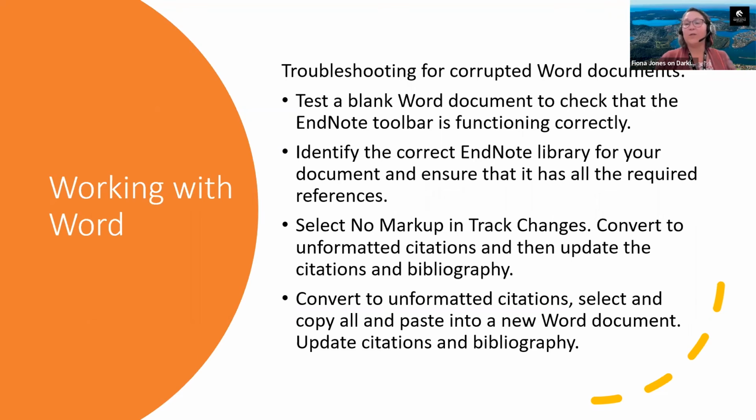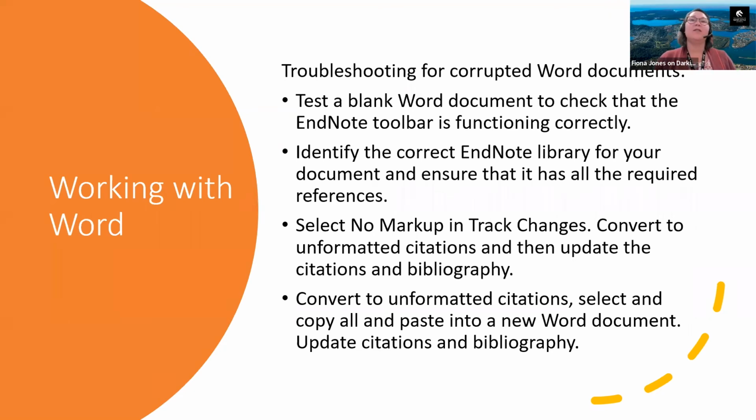If you've accidentally opened two different libraries, or if you've sent it to a collaborator and they've added some references from their library, that's where you can get problems. So the best way to solve that is to add all the references that you require into your one library.